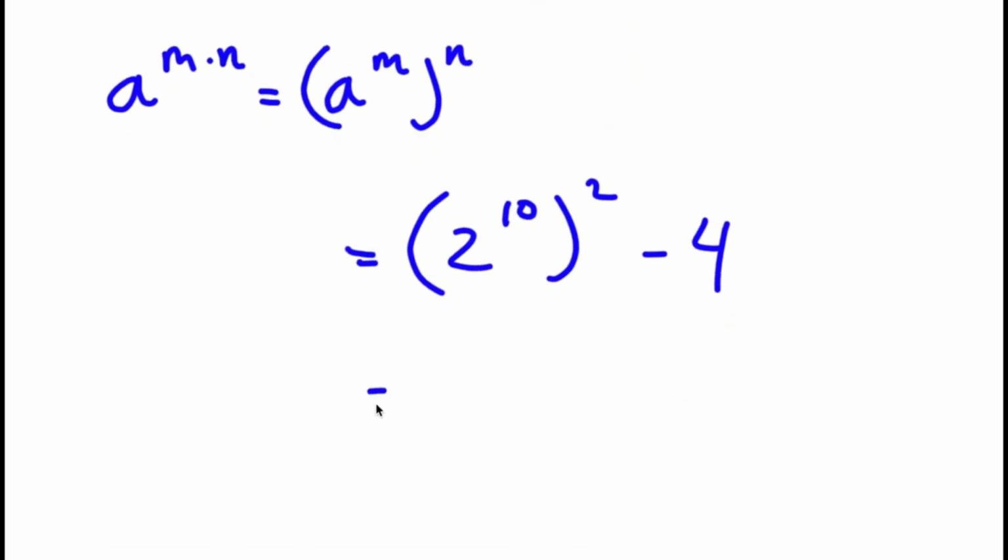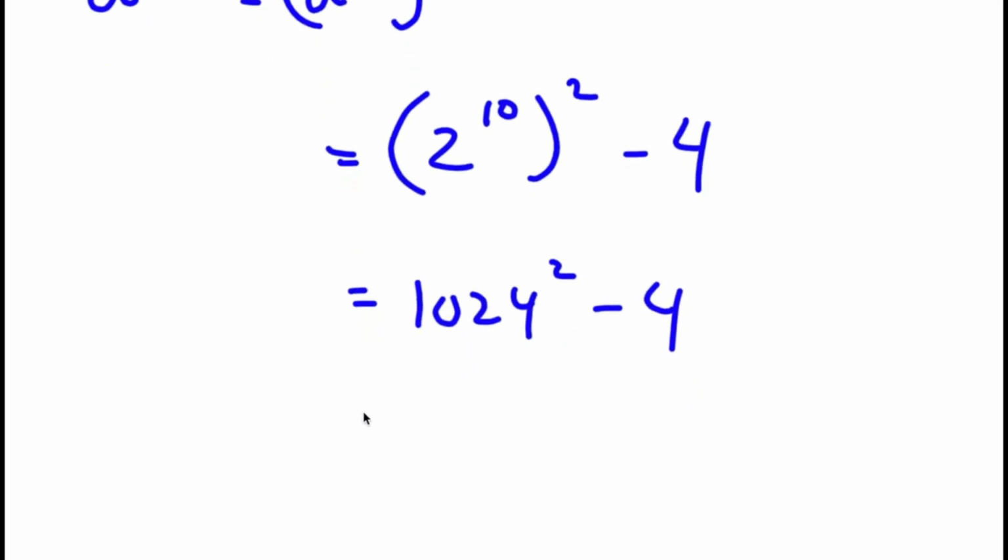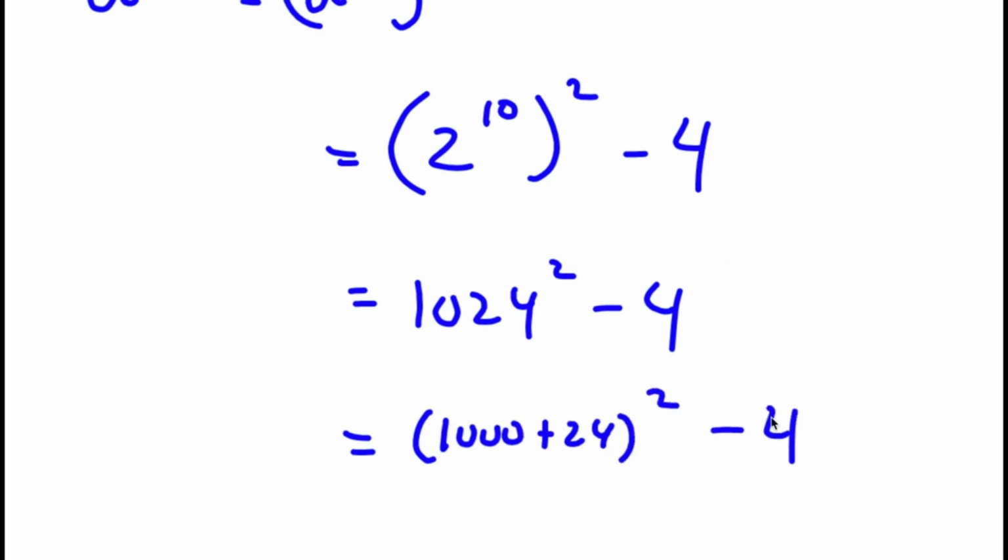2 to the power of 10, that's equal to 1024. So now I have 1024 to the power of 2 minus 4. And 1024 I can rewrite as 1000 plus 24. So now I have 1000 plus 24 to the power of 2 minus 4.